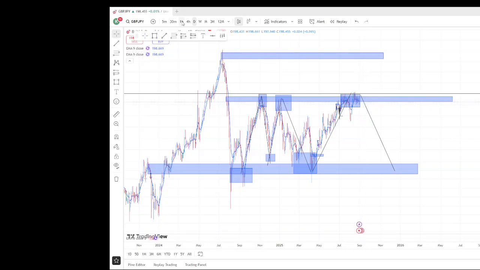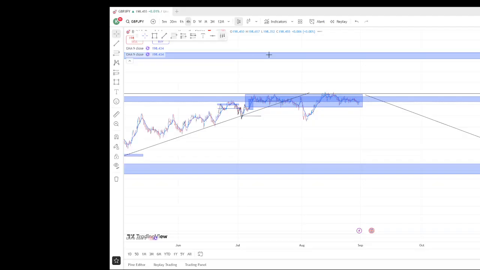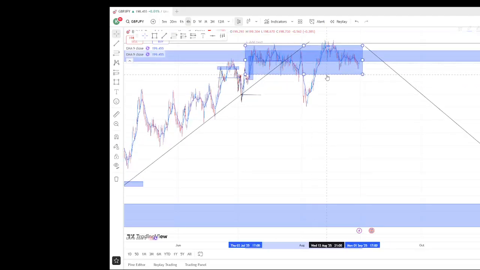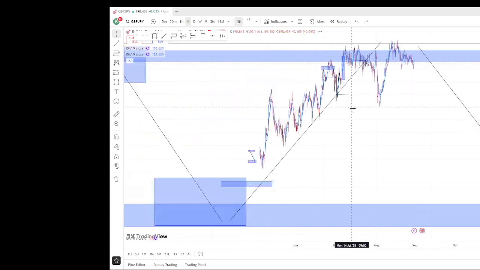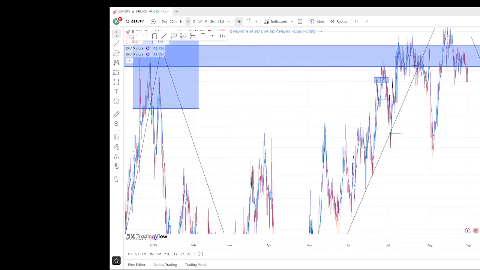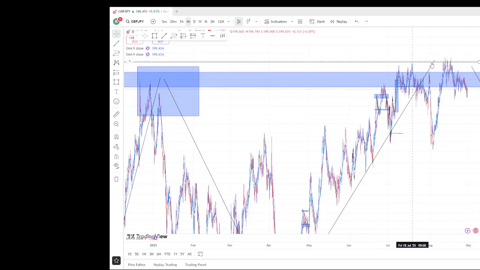I say this because, let me get rid of this really quickly. There's also a pattern right here. So this pattern would be called a double top. So a double top would be it comes up and then it goes back down.